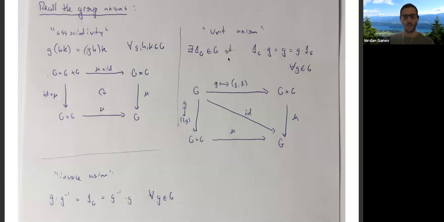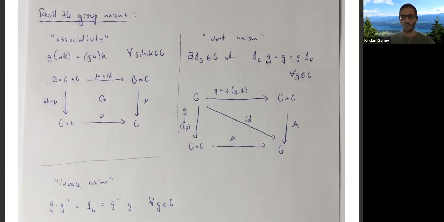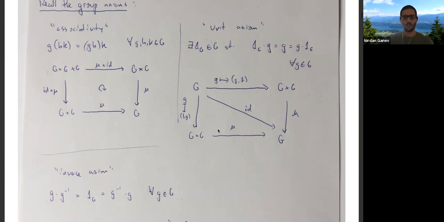There's also the unit axiom. The unit axiom, in the way you've maybe seen it in a course on group theory, is just that if we multiply any element on the left or on the right by the identity, we get that element back. We can express it as a diagram in the following way.